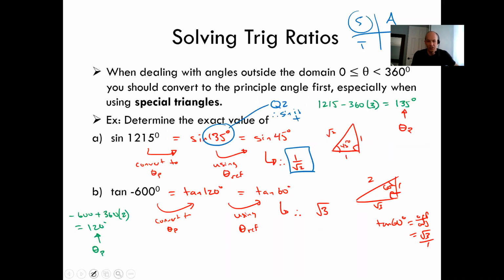Now I have to decide, is this positive or negative? And I look at this, and I can say that's quadrant 2, tan is negative, because in quadrant 2 up here, only sine is positive. So what I do is I'm going to stick a negative sign in front of this. Ta-da.